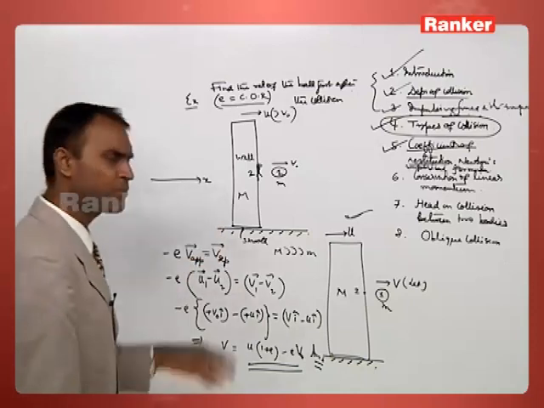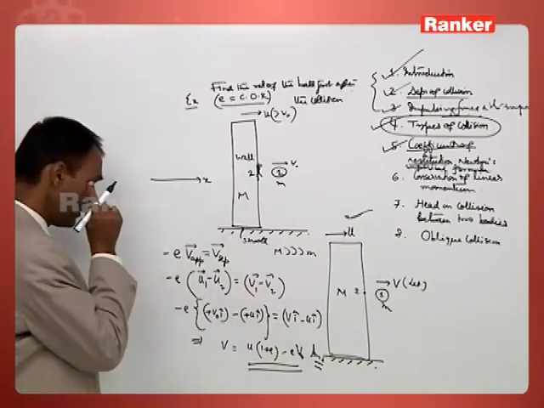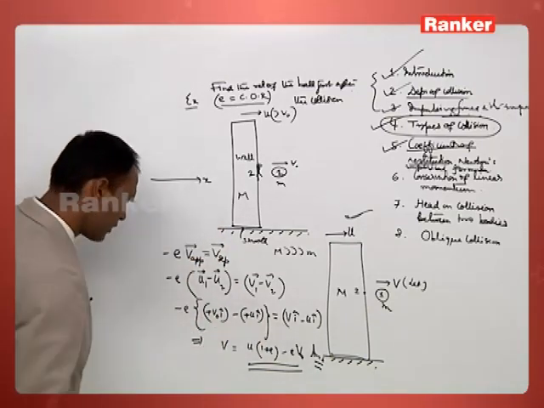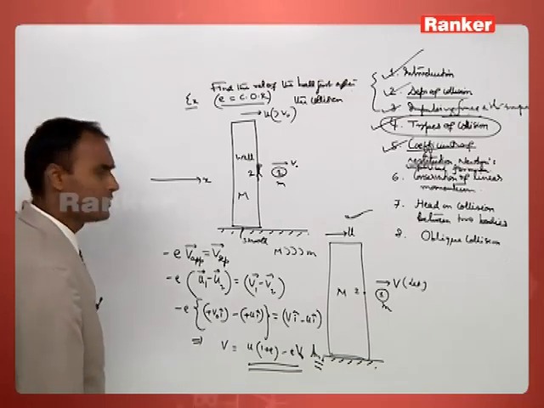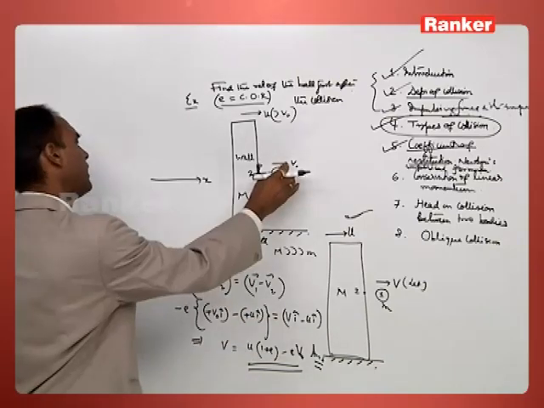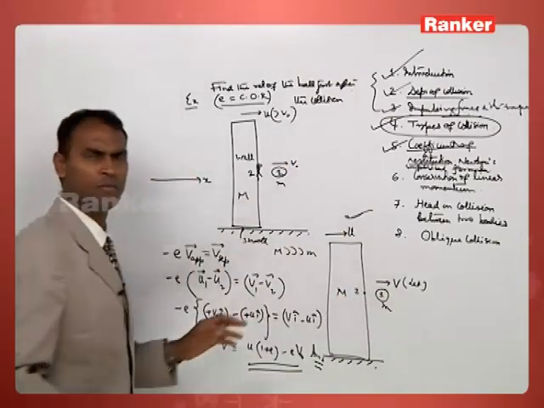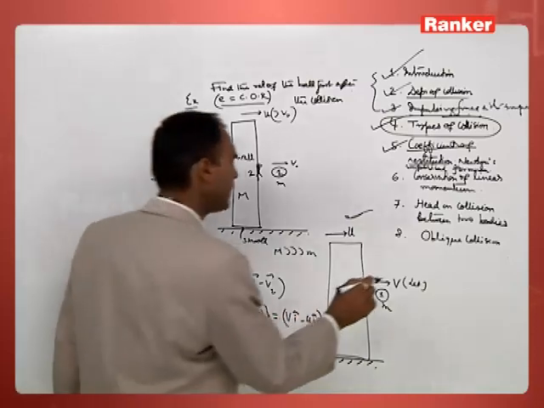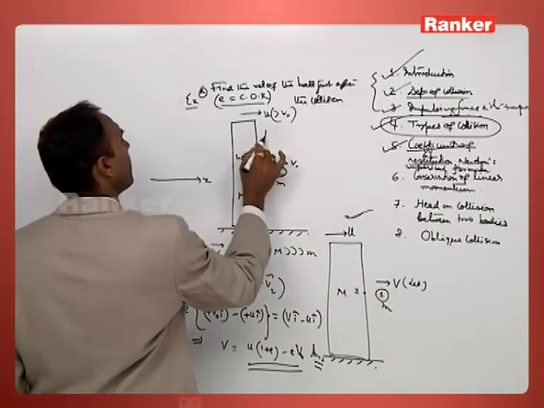So these are the types of problem you can get. Sometimes they can ask you a bit twisted question. In this particular case, there is a chance that this ball will fall dead. You can write the next bit.